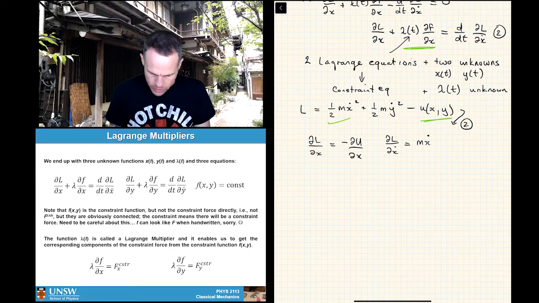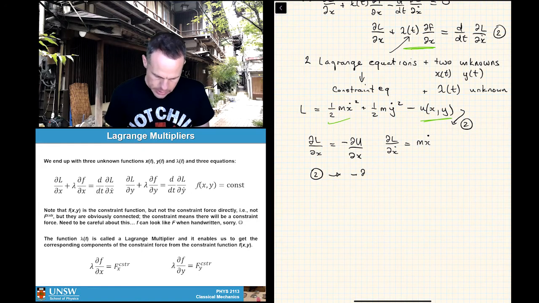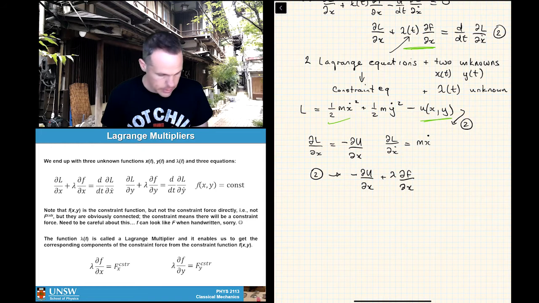And so when we write our new Lagrange equation for 2, what we've got is minus dU on dx plus lambda df on dx is equal to d on dt of m x dot, and we know this is just m x double dot, normally in our notation.